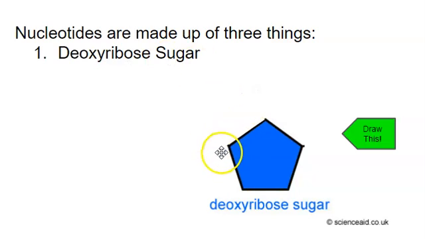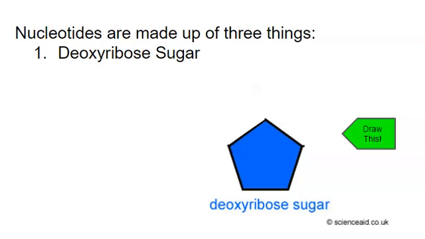And this sugar is a pentagon shape. So we're going to be drawing a nucleotide and labeling the parts. There's going to be three different shapes we're going to draw over here. For now, just draw the pentagon. If you don't really know how to draw a pentagon, just draw like a house shape. And we can label it, this is the deoxyribose sugar. You're going to have to know what the shapes are for your test, okay?